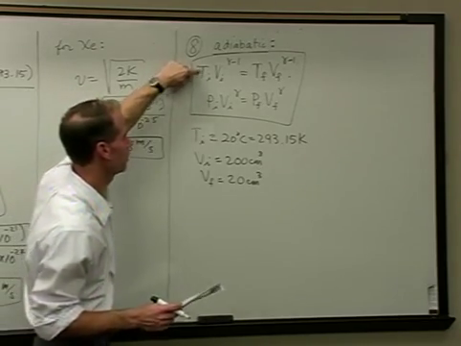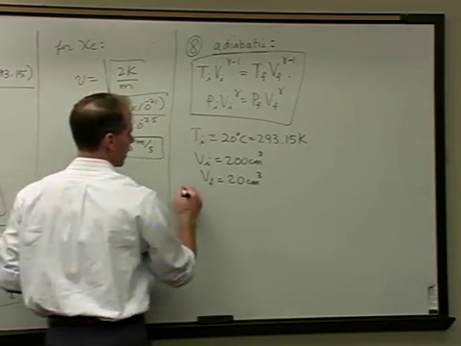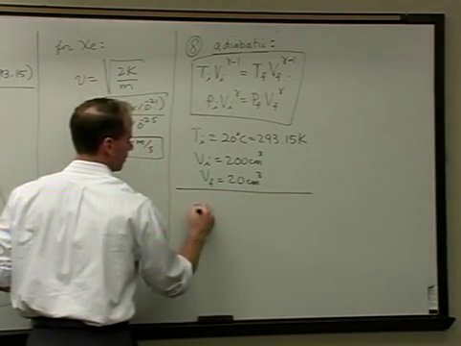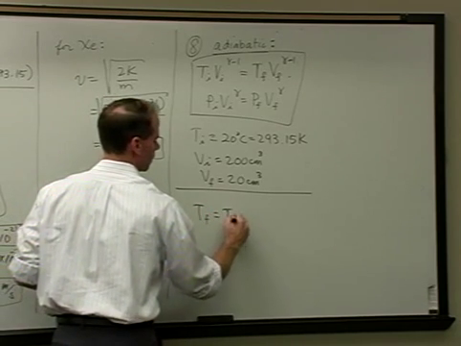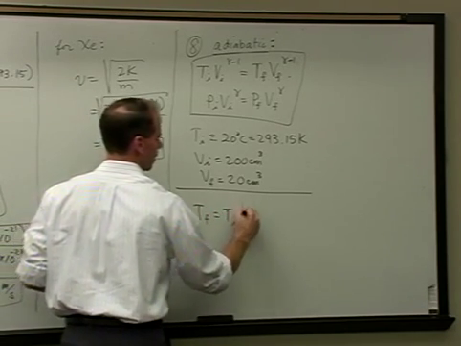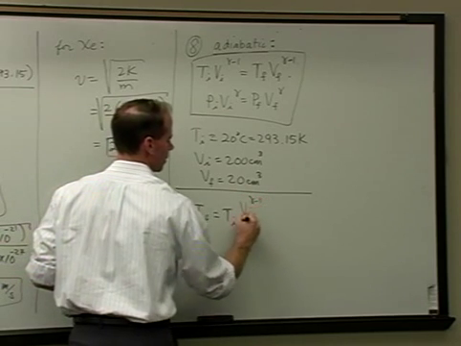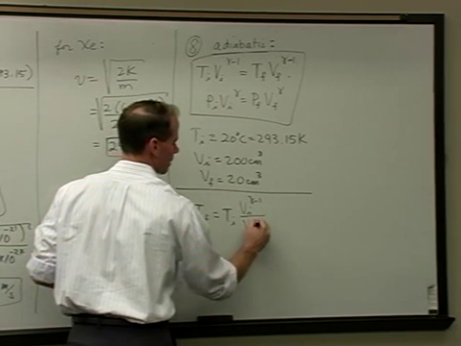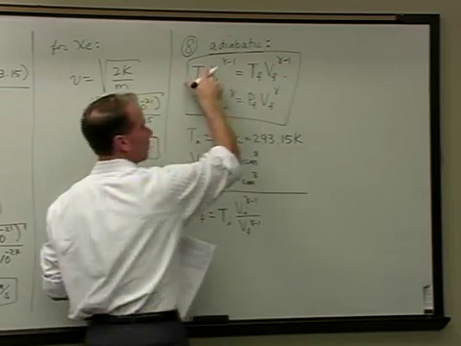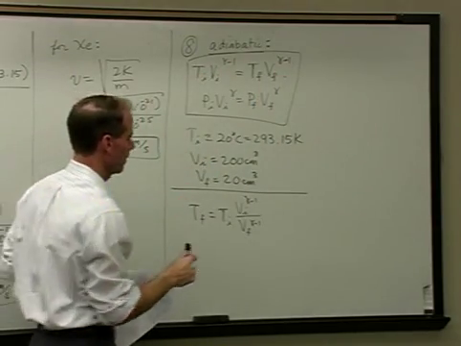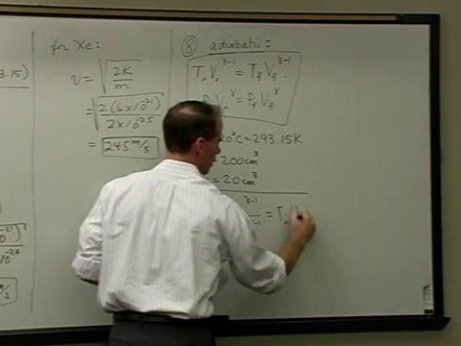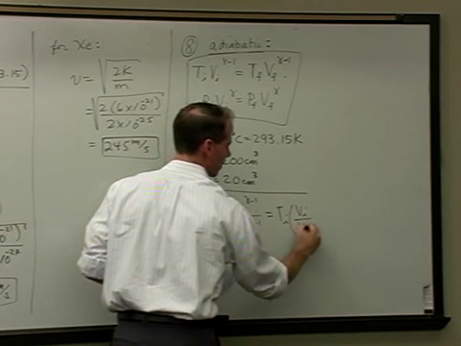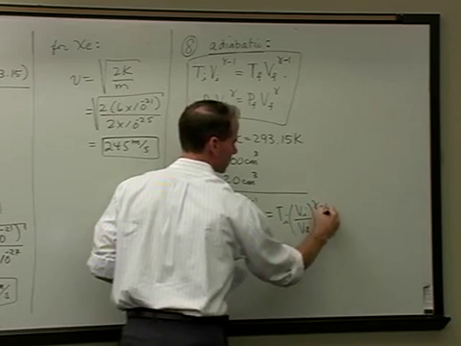So let's use this formula up here, and we'll say that T final is equal to T initial times the initial volume to the gamma minus 1, over the final volume to the gamma minus 1. Just taking this and bringing it over there, which I could write as T initial times the initial volume over the final volume to the gamma minus 1.